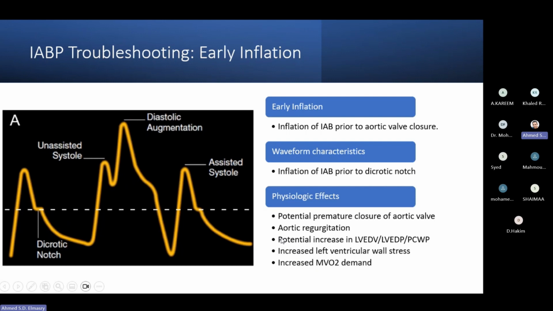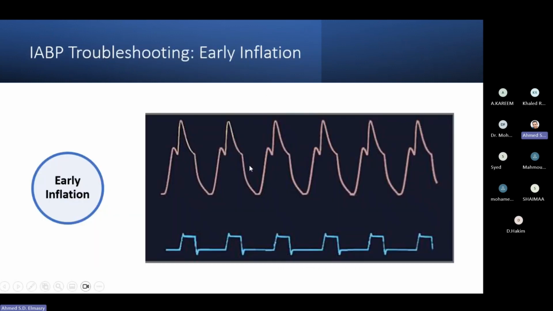Like that, you are not helping the failing heart because you are applying resistance against the failing heart during the systole. So this is the early inflation for intra-aortic balloon with 1:1 ratio. As you see here, the inflation happened very early. So this will lead to aortic regurgitation, increased left ventricular end diastolic volume and pressure, increased left ventricular stress and increased oxygen demand by the heart.